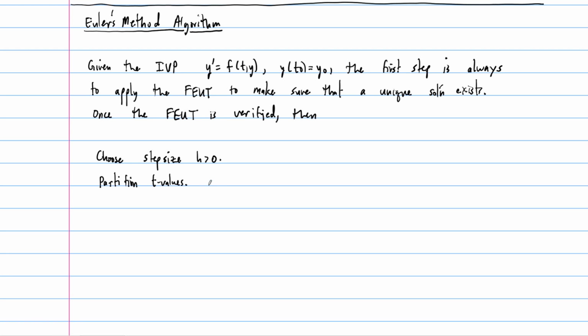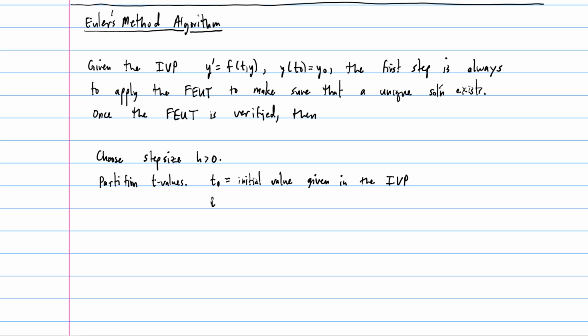So here's how we're going to do it. We're going to start with t0, obviously, equal to the initial value. This is our given initial value, so it's given in the IVP.